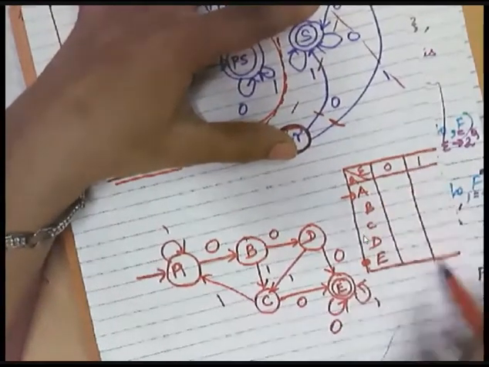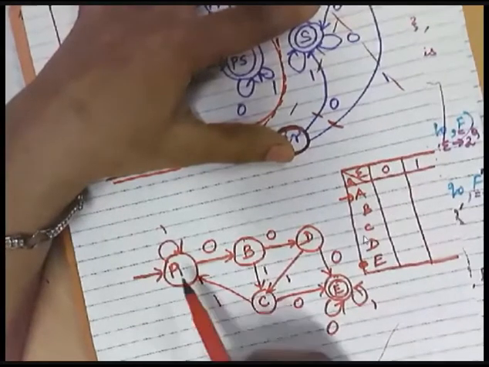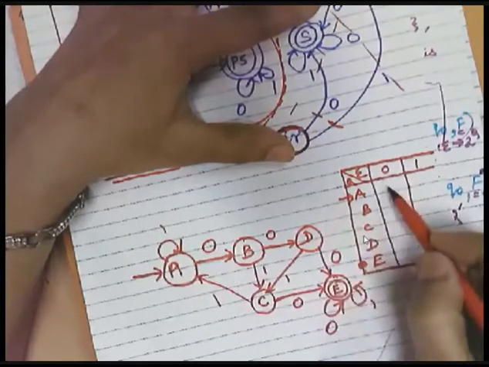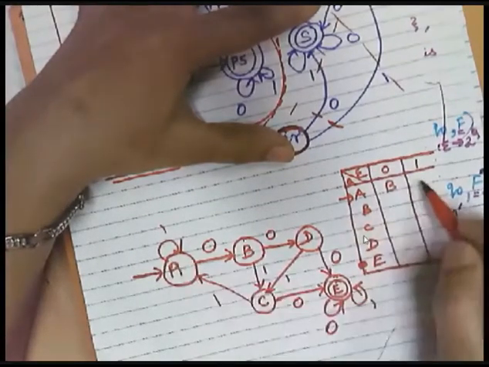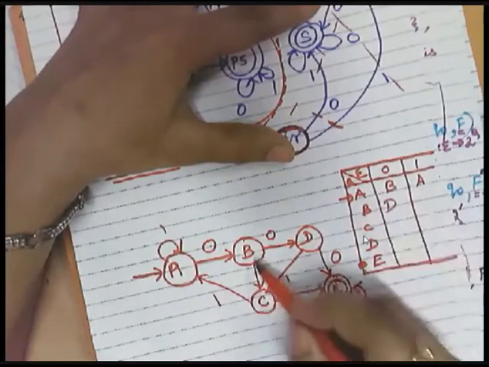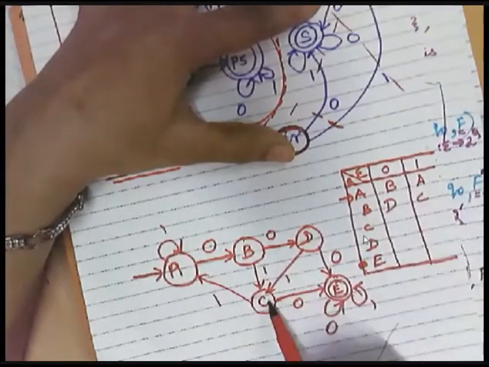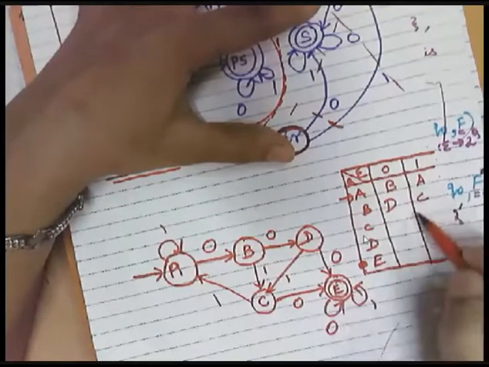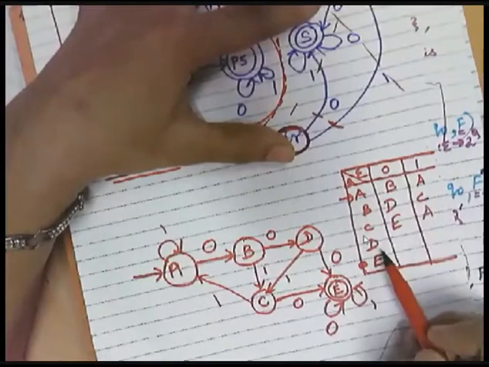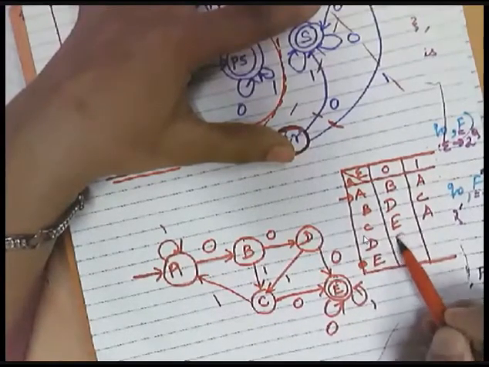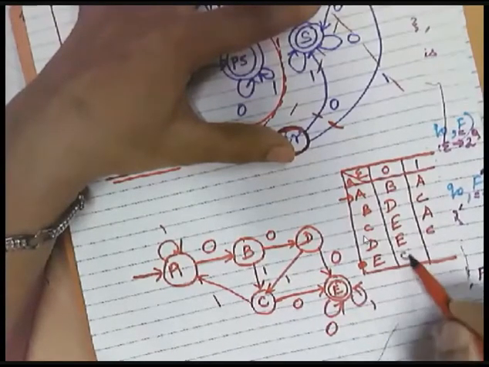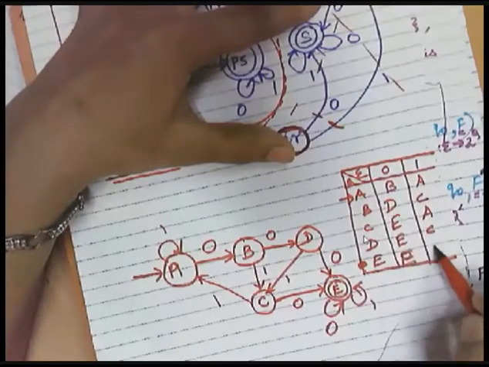Now you just copy accordingly. From A, with 0 we move to B, with 1 we move to A. B on 0 moves to D, B on 1 moves to C. C on 0 moves to E, C on 1 moves to A. D on 0 moves to E, D on 1 moves to C. E on 0 and 1 moves to itself, that is E.